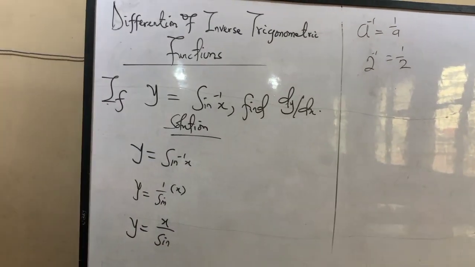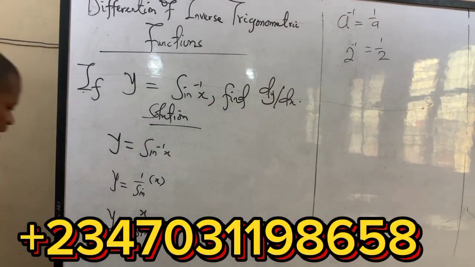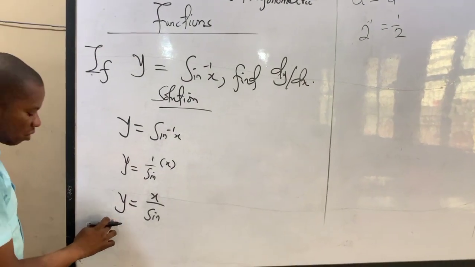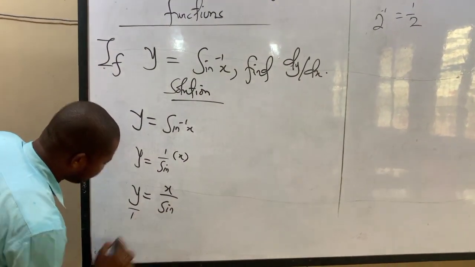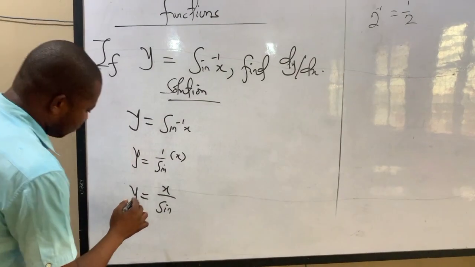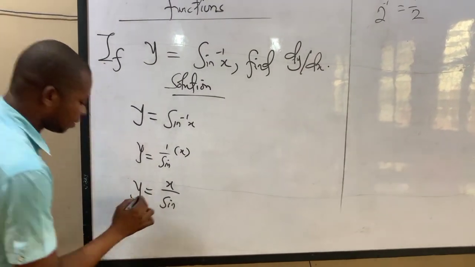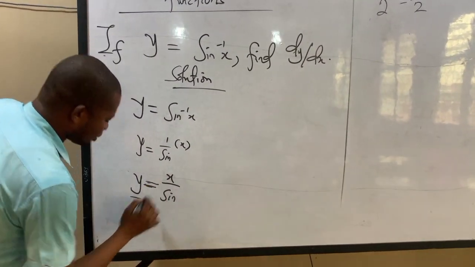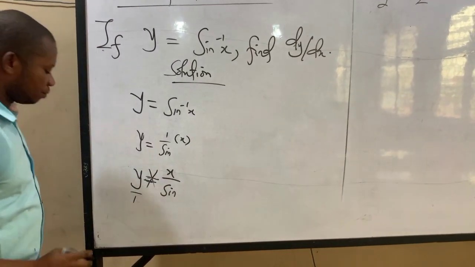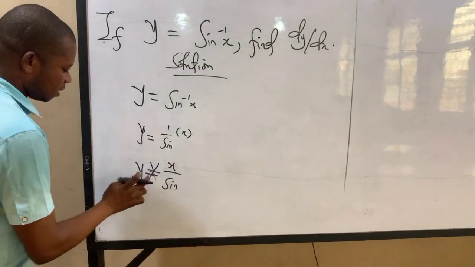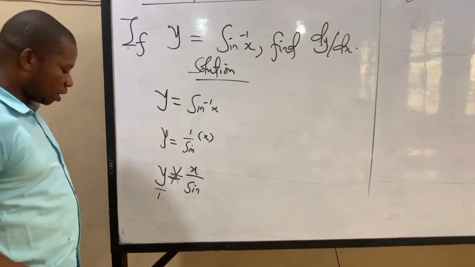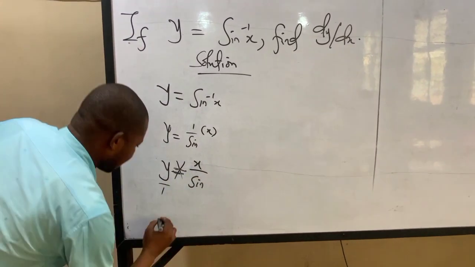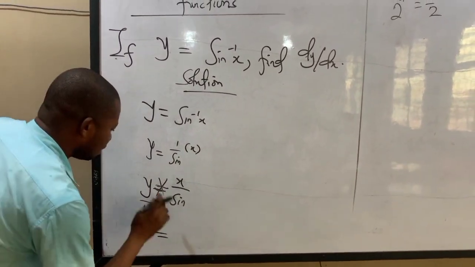You can see this is a fraction, this is a whole number. I'll make this one look like a fraction by dividing by 1, so that I can cross multiply. 1 times x gives me x is equal to sine y.